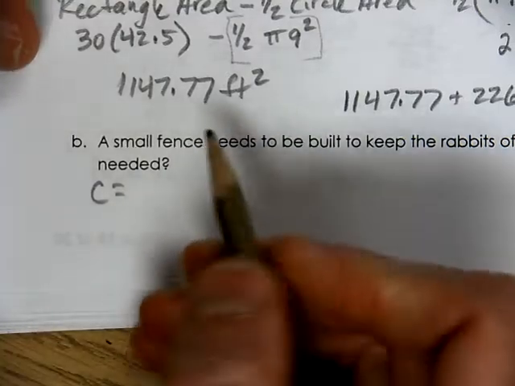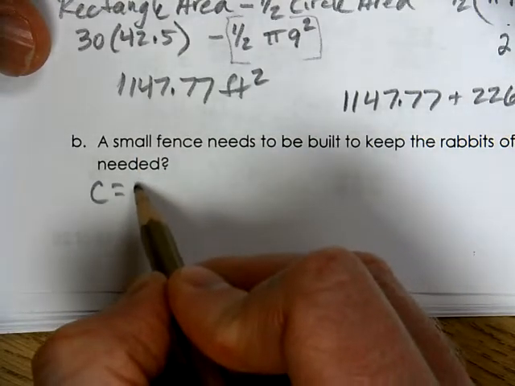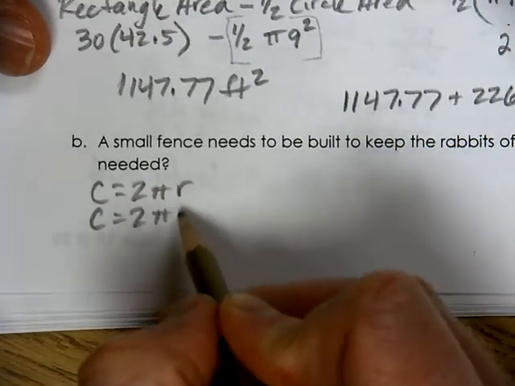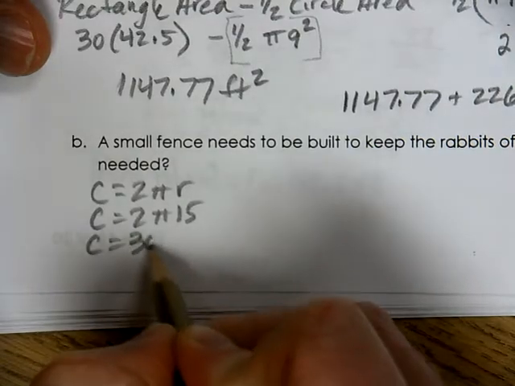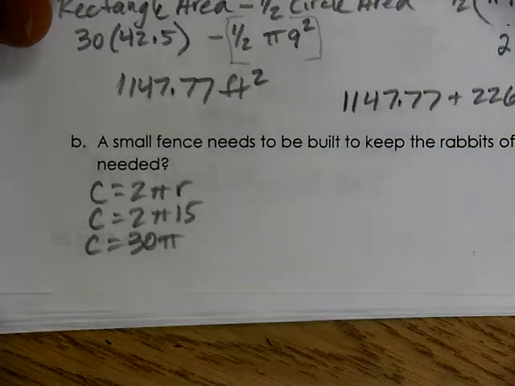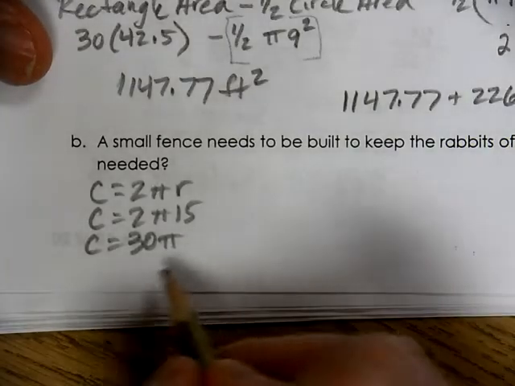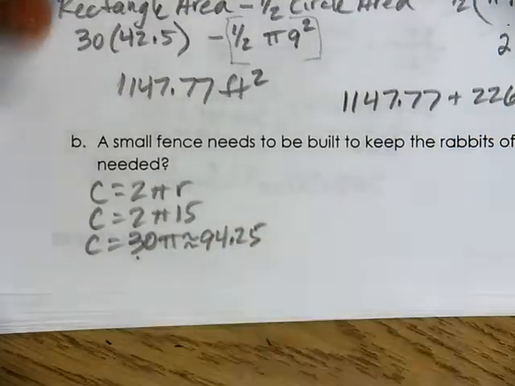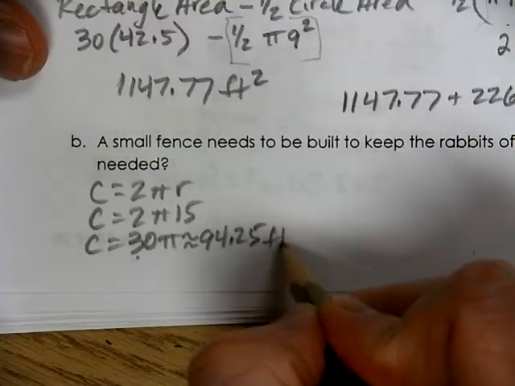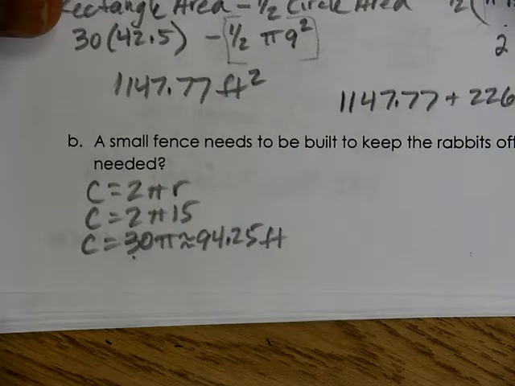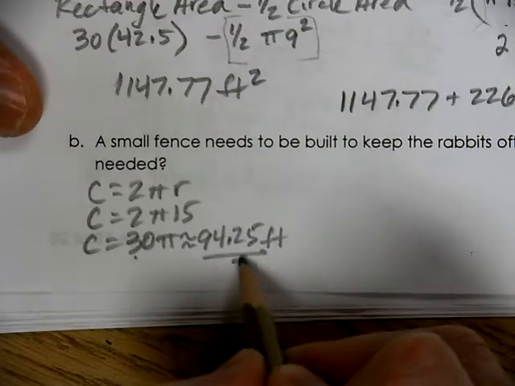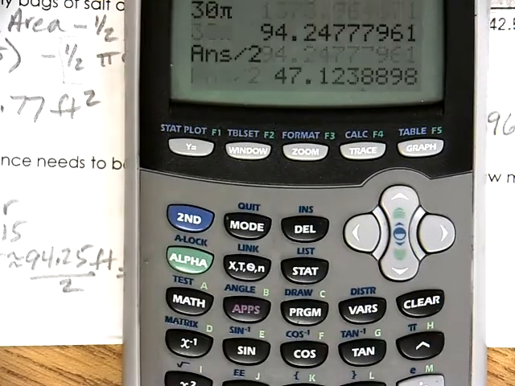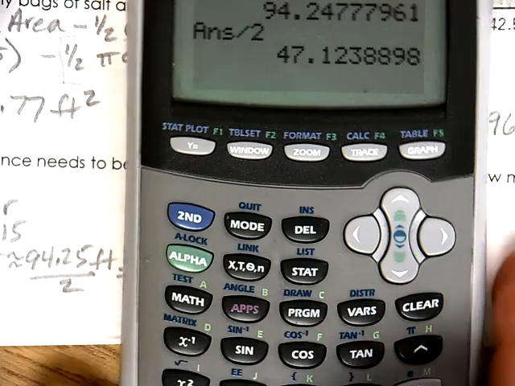So the circumference of our circle is going to be 2 pi r. So that's 2 pi times 15. So that's 30 pi. And when we calculate what 30 pi is, that's approximately 94.25. And those are feet. But we need to take half of that. So I'm going to divide by 2, and we get 47.12.